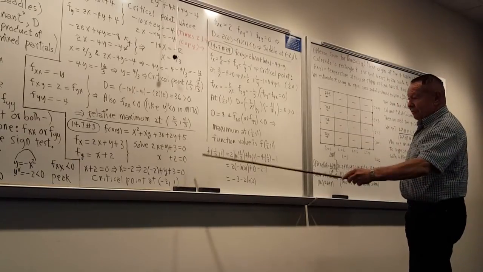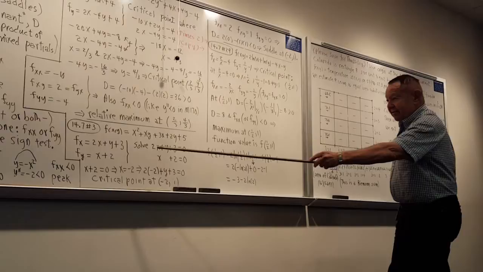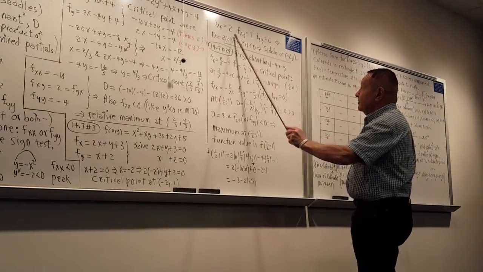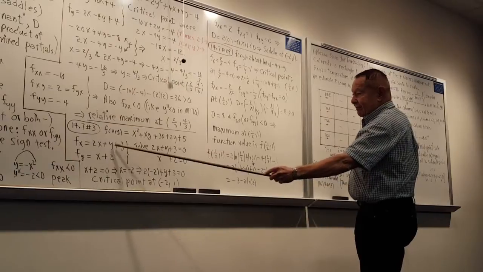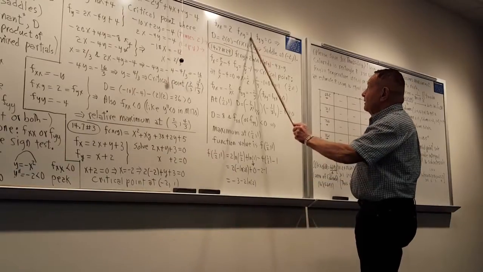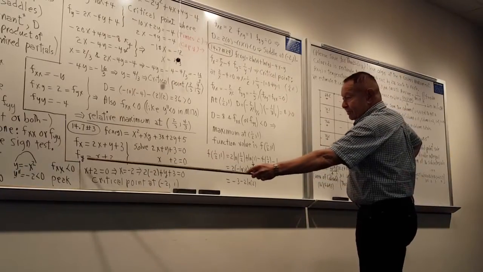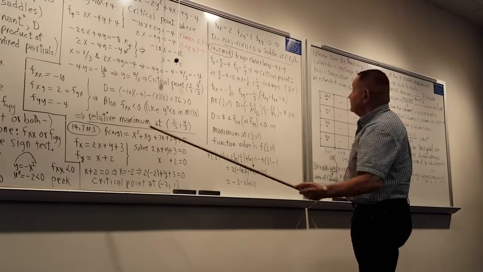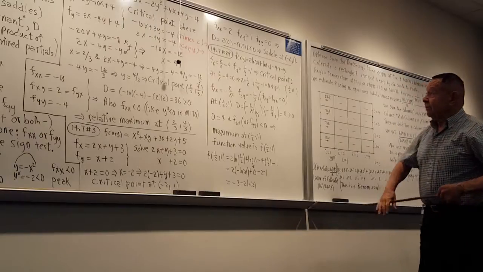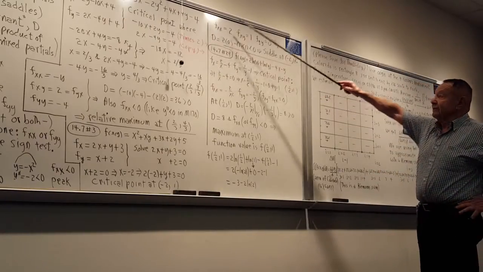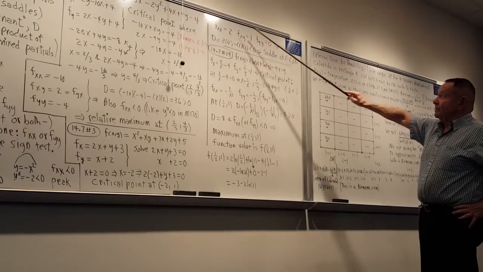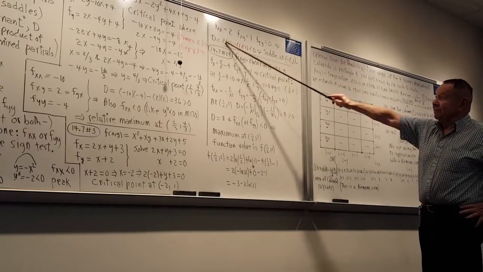And so as it is, if we take our partial of this with x, we get 2. If we take our mixed partial, we get 1. If we take our partial here with respect to y, we get 0. So our discriminant then is the 2 times the 0, so it's 0 there.